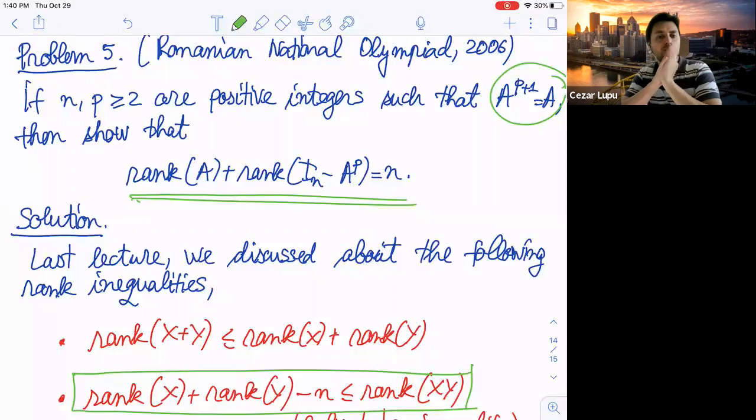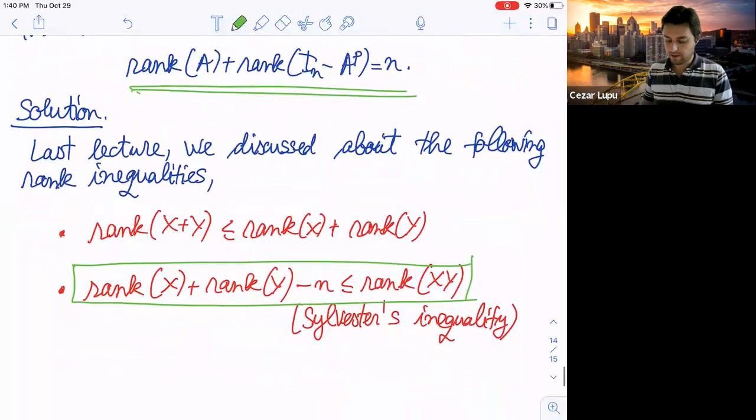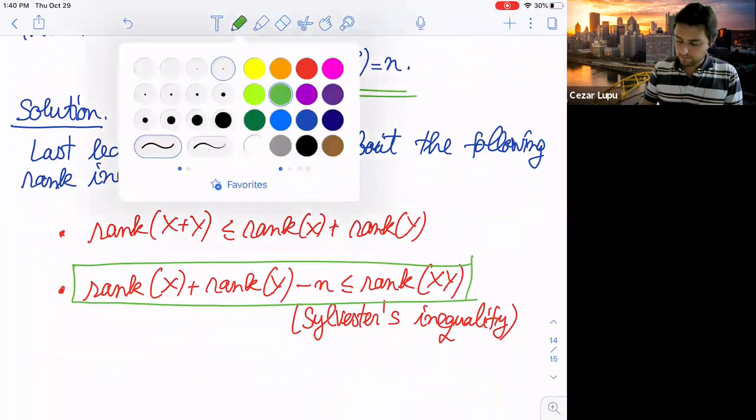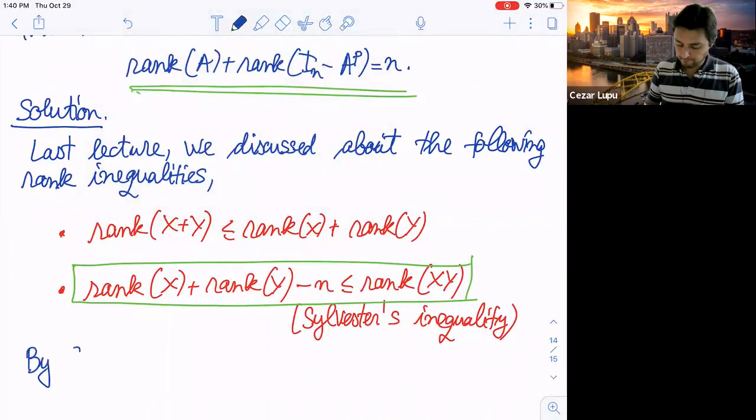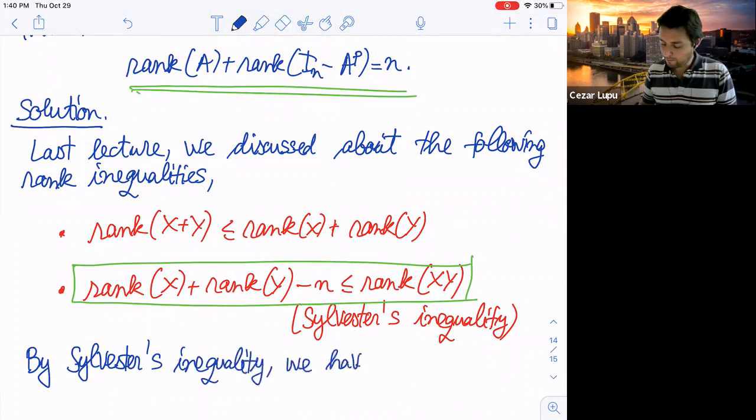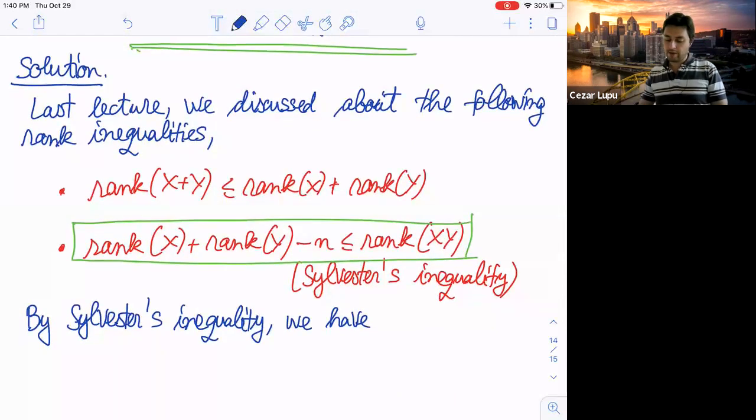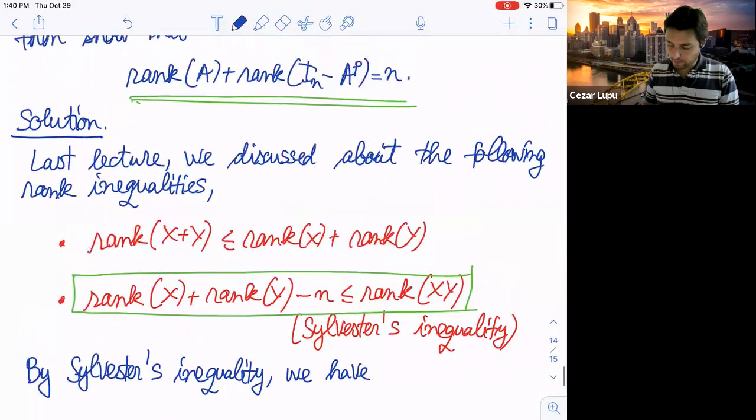So let's see, how should we approach this? Well, by Sylvester's inequality, so let's apply this. What do we have by Sylvester's inequality? Keep in mind what we have to prove.